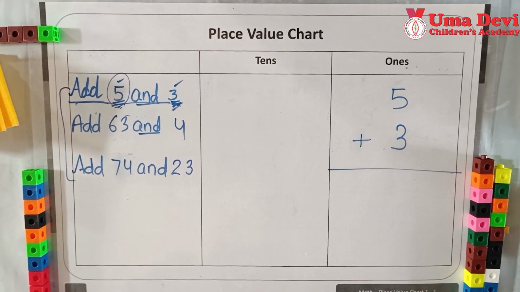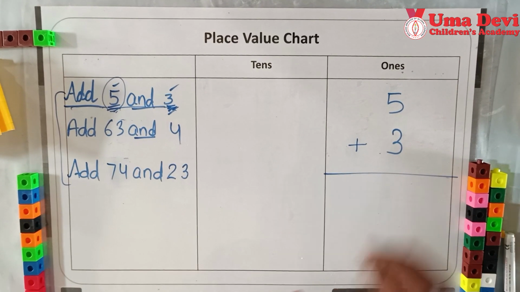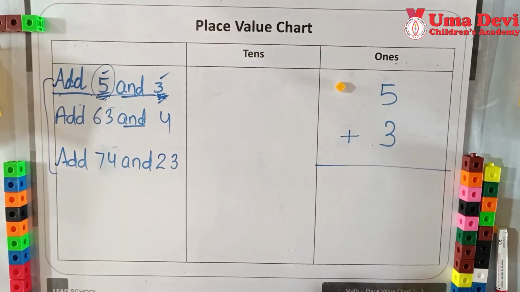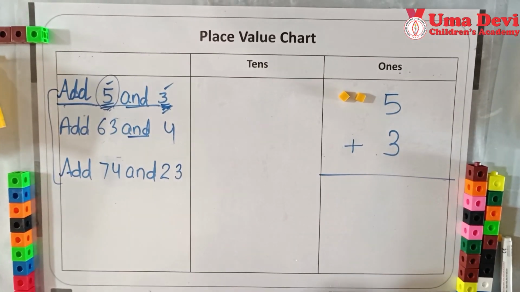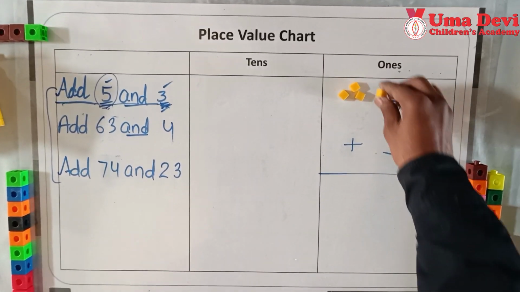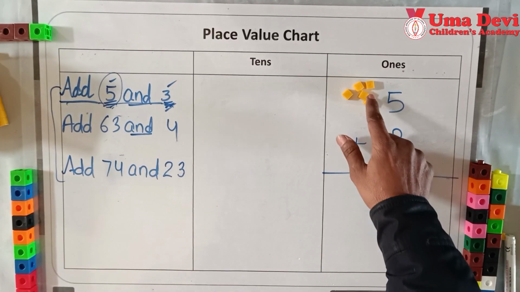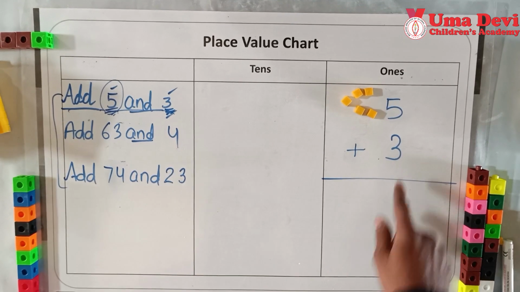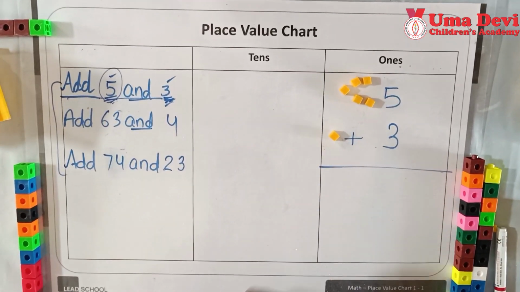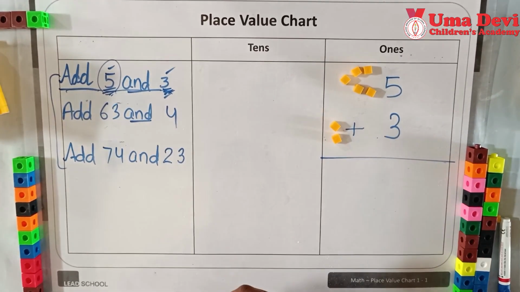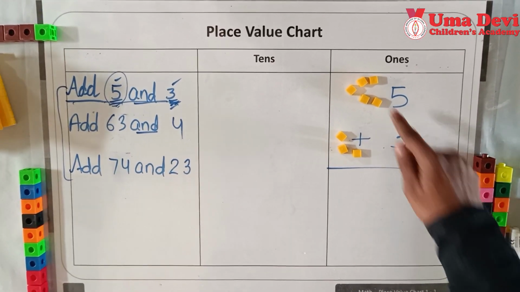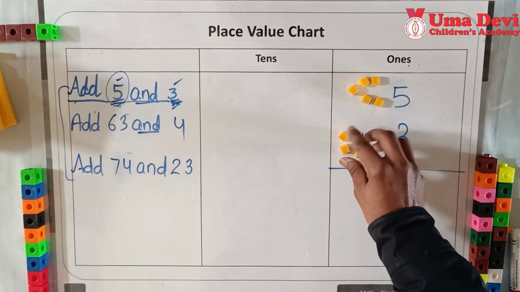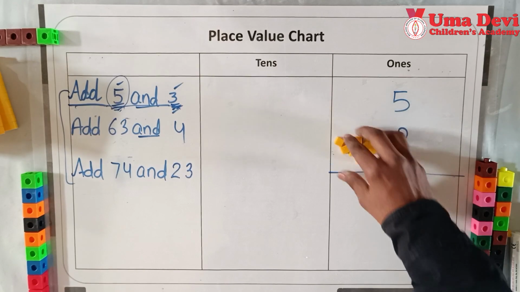Okay. So look here, for 5 I will put here 5 ones block: 1, 2, 3, 4 and 5, and for 3 I will put here 3 ones block: 1, 2 and 3, means 5 and 3. Now add both blocks.